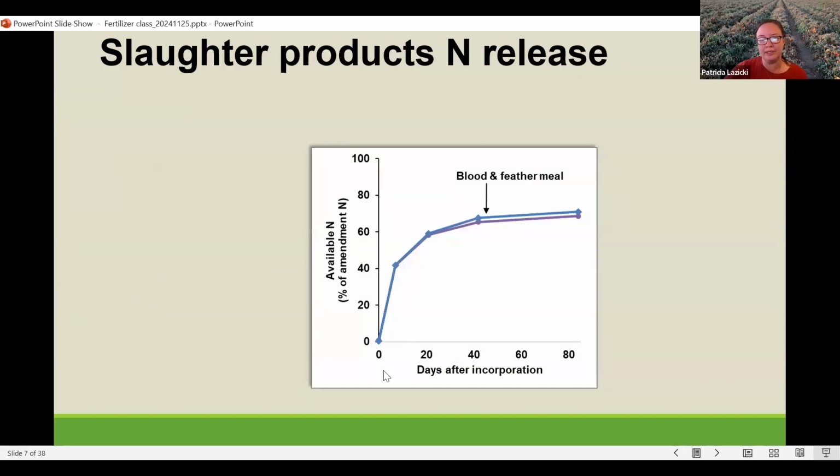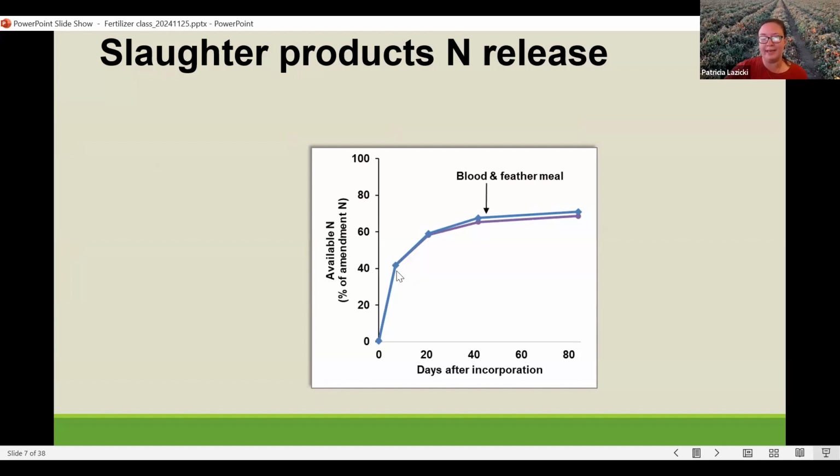Here's what we saw when we incubated blood and feather meals in our experiment. Again, you're adding almost no available nitrogen initially, but it's a really quick release. And so you can see over time, both of these released about 60 to 70% of the total nitrogen that we applied.